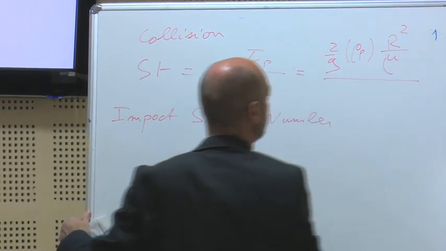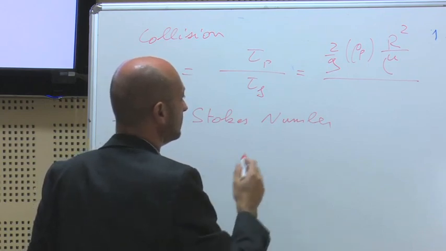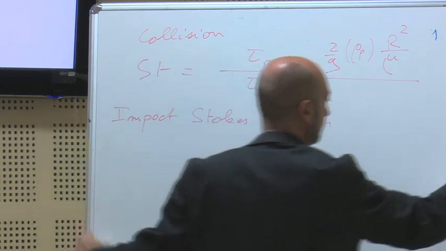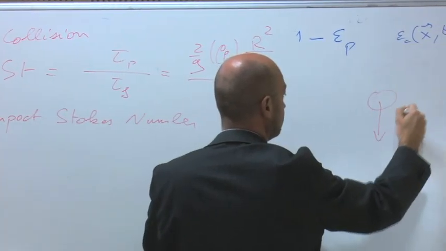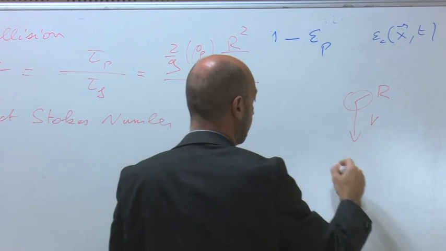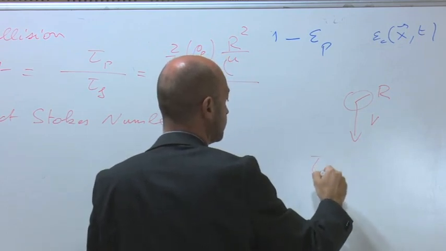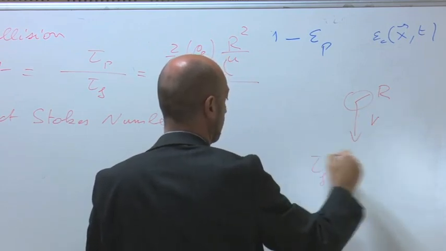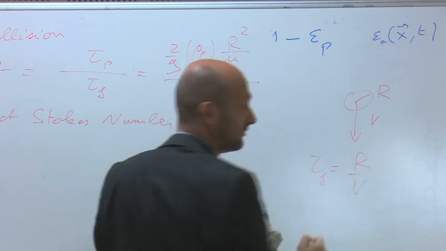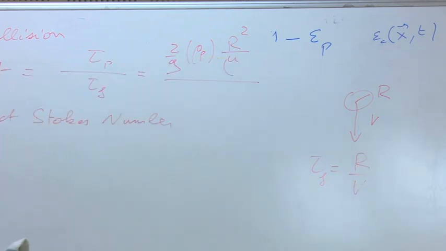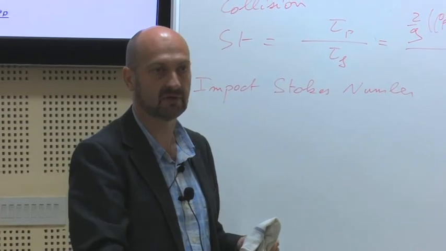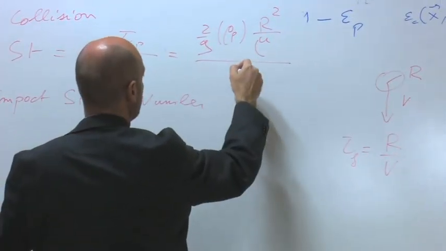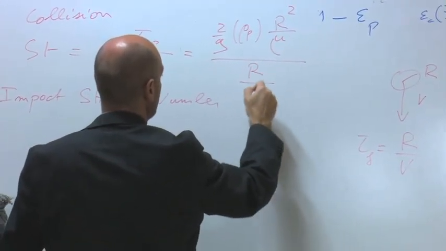Then we make it dimensionless: say you have a particle moving at velocity v and its radius is r. The time scale of the fluid motion is r over v, because this is the time you need to move one radius at a certain velocity v, which is the settling velocity. So tau f will be r over v.